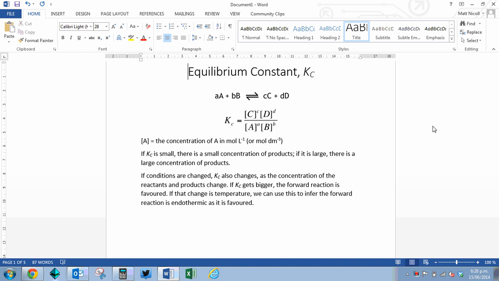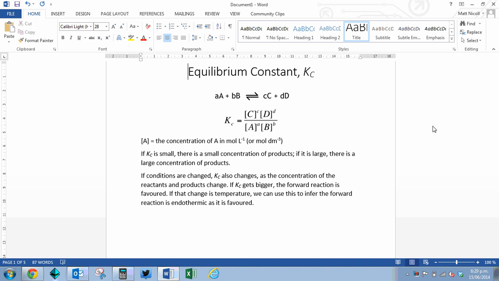So what we've got here is a generic equilibrium reaction where a moles of A plus b moles of B are in equilibrium with c moles of C and d moles of chemical D. The way that we turn this into an equilibrium constant or equilibrium expression is, as you see there with the Kc, so K is the equilibrium constant, C just means constant really.